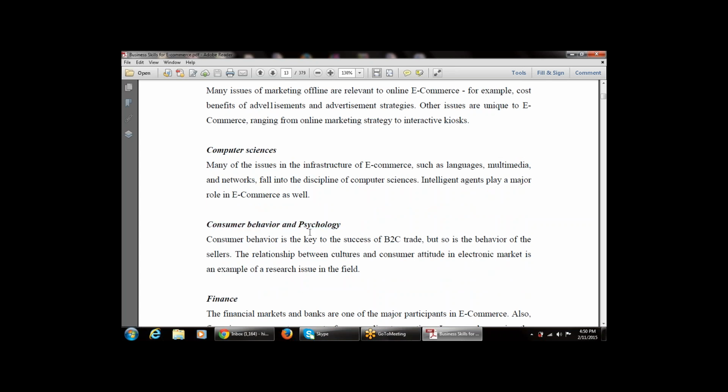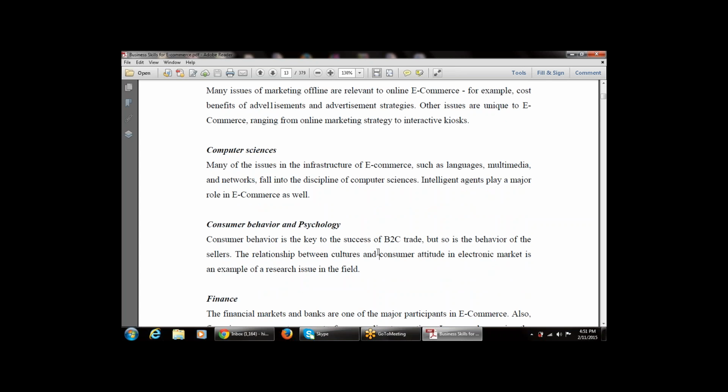Then the next is consumer behavior and psychology. Consumer behavior is the key to the success of B2C trade. Whenever we use business to customer, the key to success is the consumer behavior. It depends on the behavior of the consumer that we are dealing with.